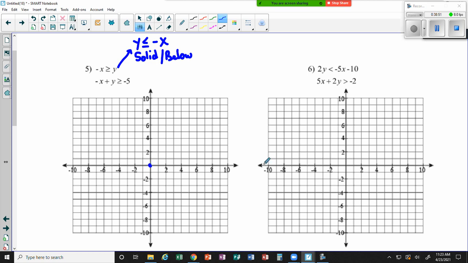What's my slope? Yeah, if there's a negative there, it's really a negative 1. So that tells me I got to go where? Down 1, right 1. Because my slope's negative, so I got to go down and to the right. So we needed a solid line.